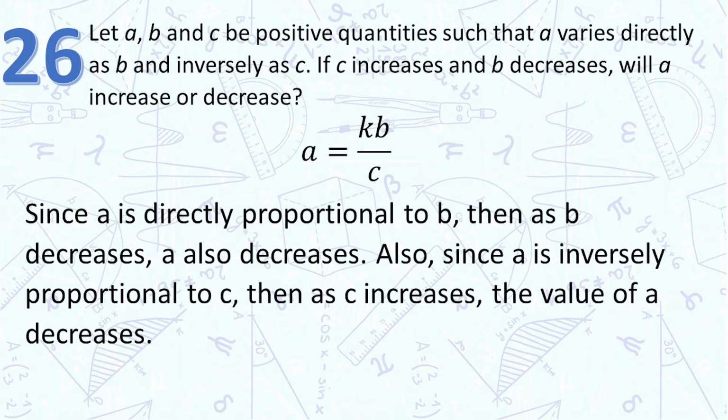Since A is directly proportional to B, then as B decreases, A also decreases. Also, since A is inversely proportional to C, then as C increases, the value of A decreases. Hence, A will decrease.